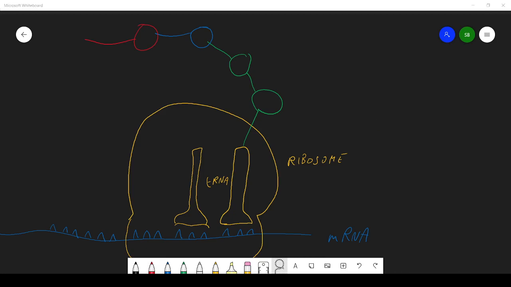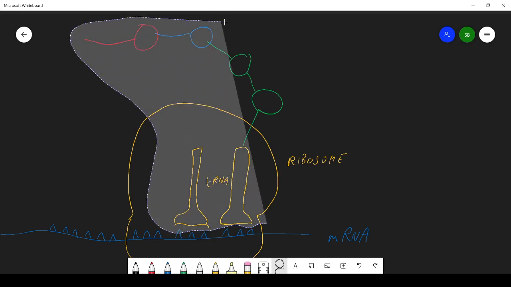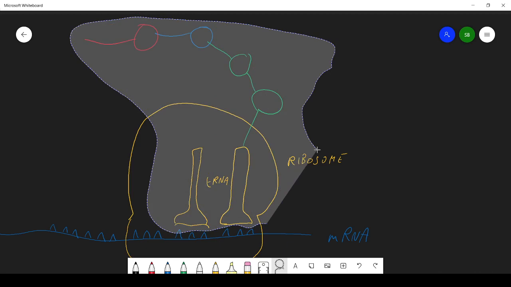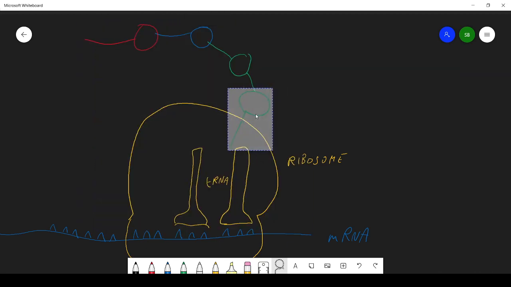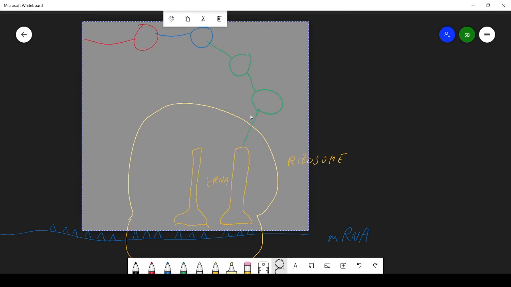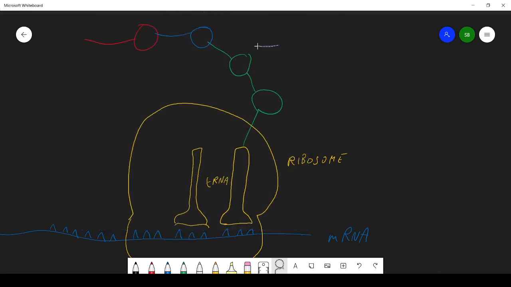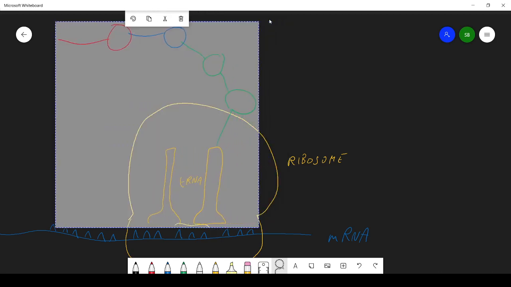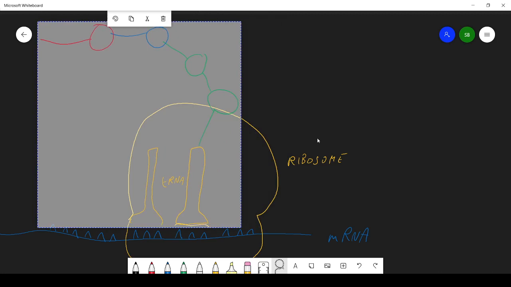The next thing that happens is that the whole transfer RNA kit moves one step to the left. Let's see if I can draw that. Anyway.